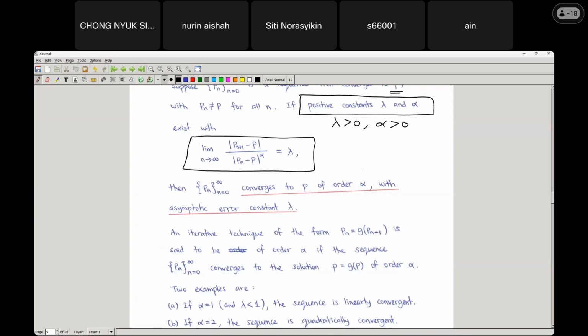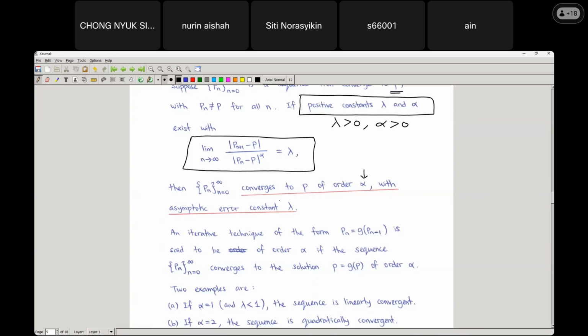So alpha is known as the order of convergence, and lambda is known as the asymptotic error constant.